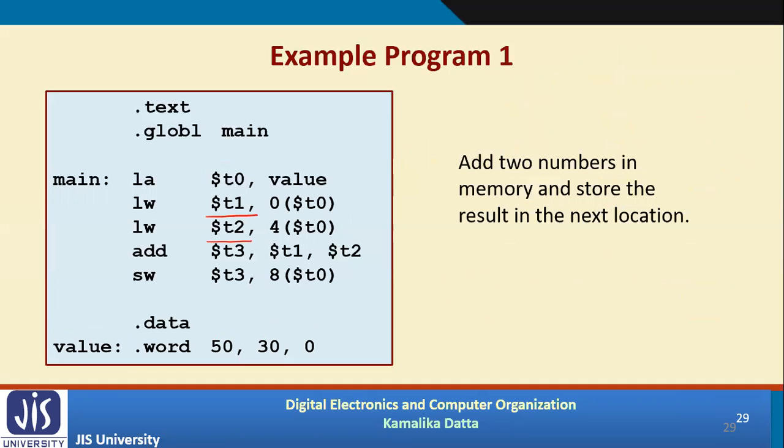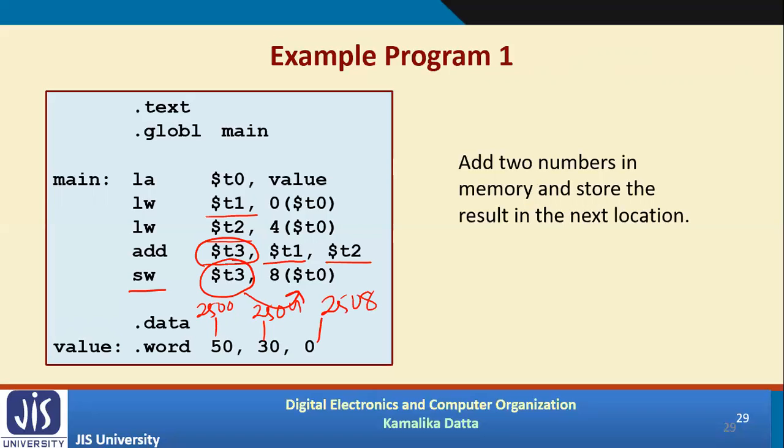And finally, I'm adding $T1 and $T2 and storing the result in $T3. After we get the result in $T3, we store the word from $T3 into the next memory location. This was, let's say, 2500, the next is 2504, the next will be 2508.